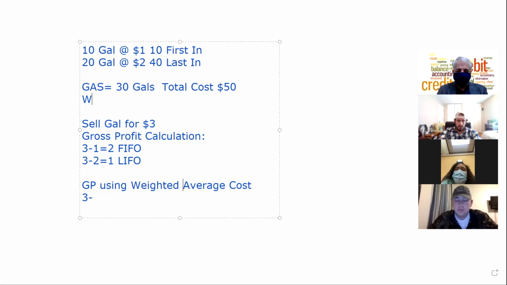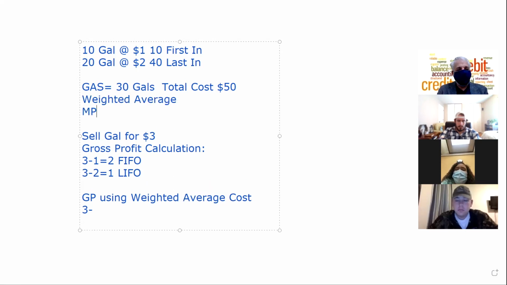So I'm going to do a weighted average calculation here. The same way you calculate miles per gallon, you put miles over gallons, right? The same way you calculate earnings per share, you have net income over number of shares. I want dollars per gallon.